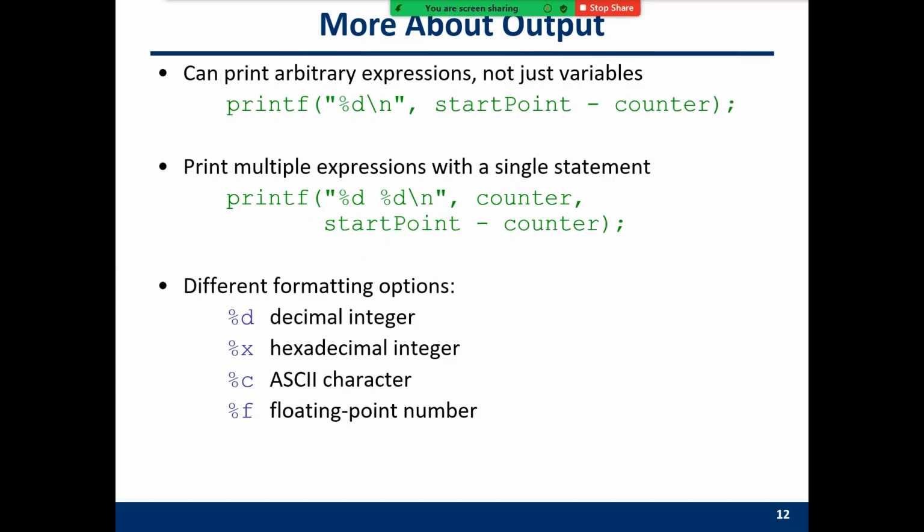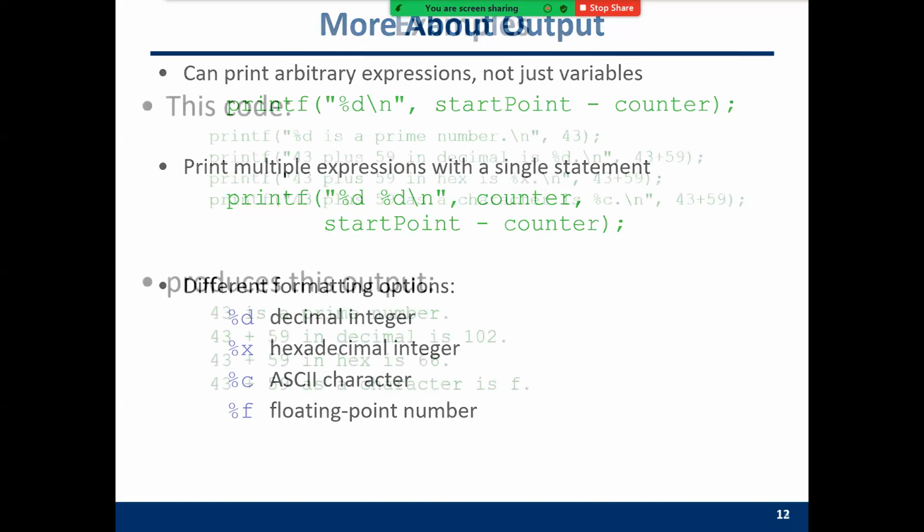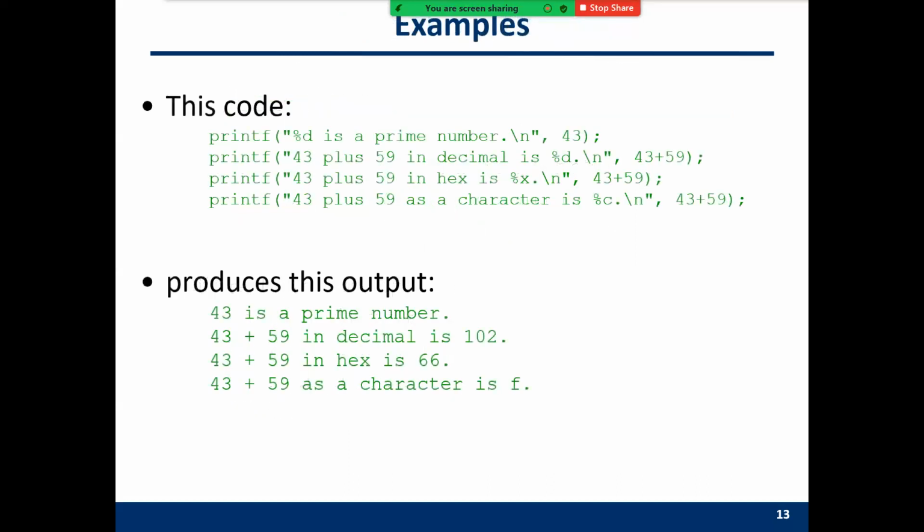For example, this is a decimal number, this is a hex number, this is a floating point number, and this is the ASCII char. All these four sentences implement some print function.